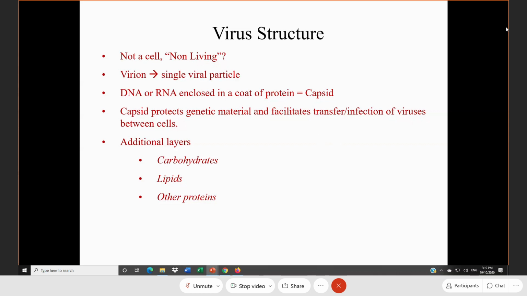Chicken virus, Newcastle disease virus, cannot infect cattle, because its capsid doesn't have the necessary protein to interact with cattle cells, cells from buffalo or cow. So that virus cannot infect cattle cells. Together with the capsid, they can have additional layers: carbohydrate, lipids, other protein.